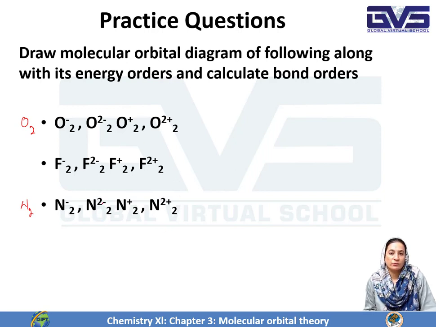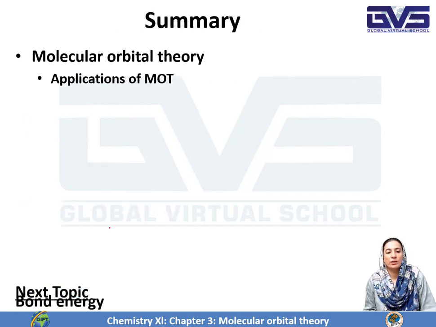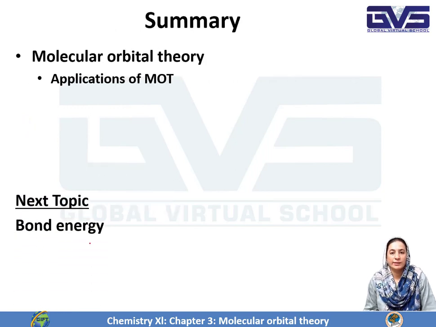If you successfully draw the molecular orbital diagrams for these molecules, it means you have a full understanding, and you can attempt any type of question asked from molecular orbital theory. So this was all about molecular orbital theory and its application, and our next topic will be bond energy.